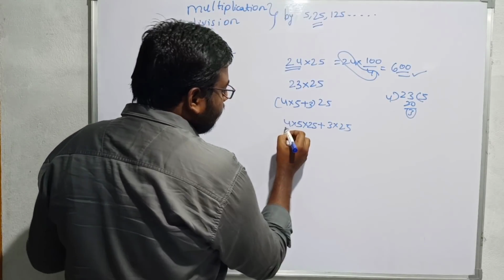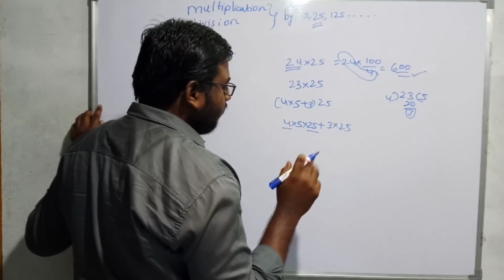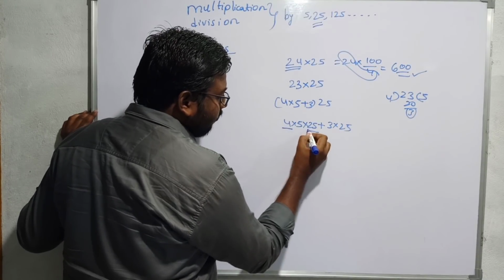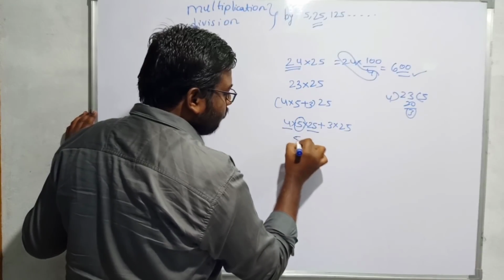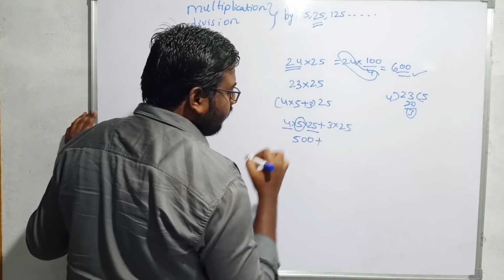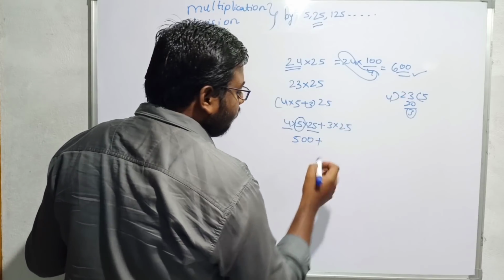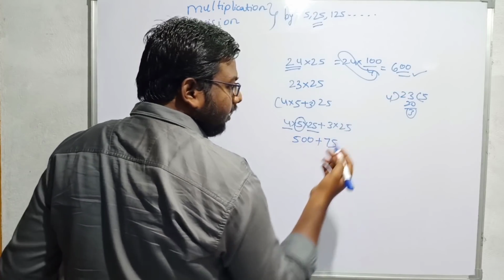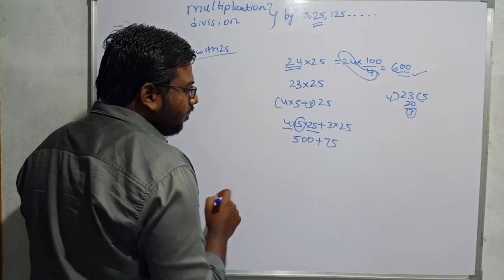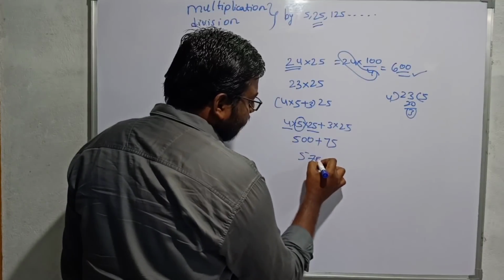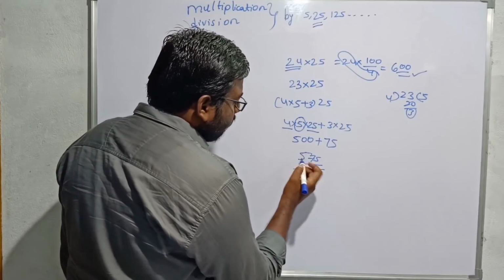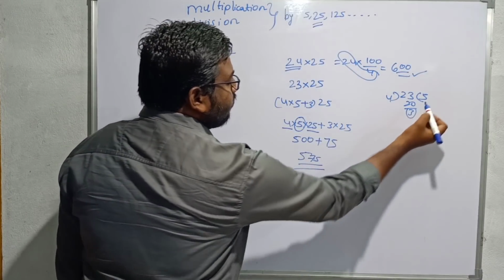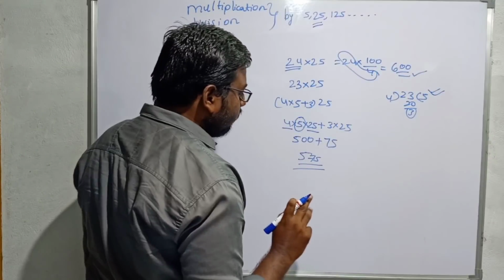Now we know that 4 into 25 always form a 100. So if I see 4 and 25 in multiplication, I no need to bother about it. So I can put 2 zeros after 5. That means 500 plus 3 into 25, we know that it is 75 because 3 into 20 is 60 plus 15 is 75. So I will get 575 as result. So if we observe this clearly, how we got this 5 means this is the quotient when divided by 4.